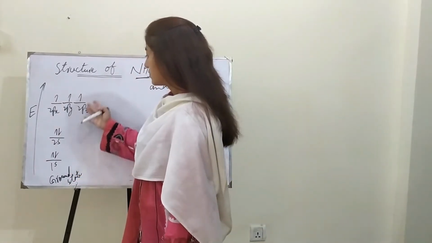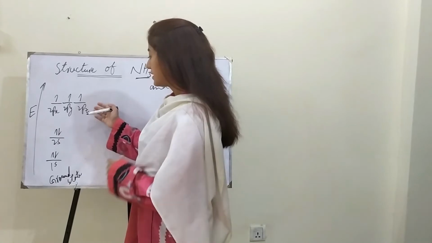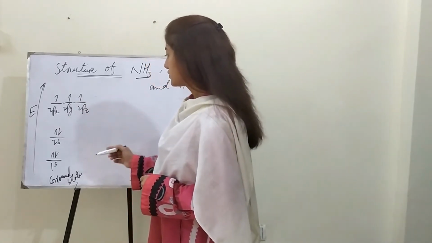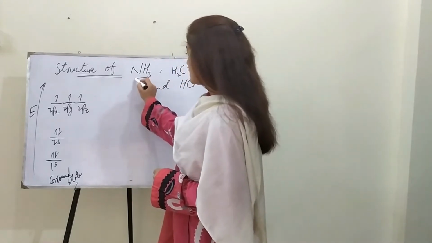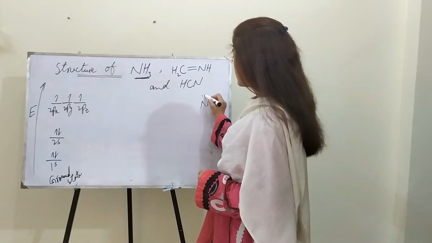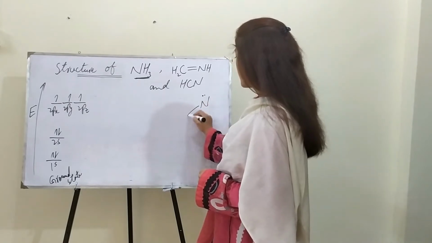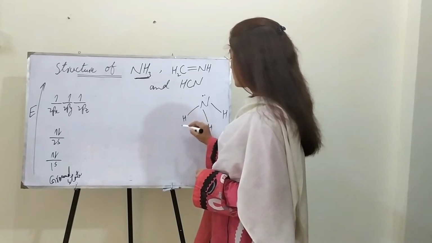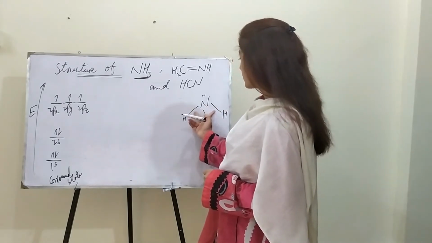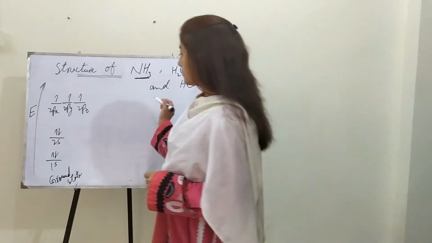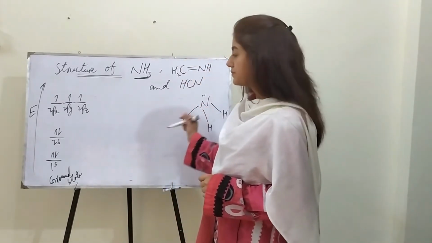So in the case of ammonia, as you know that here the ammonia has 1 lone pair of electrons and 3 hydrogen atoms. So in this case there are 3 and 1, so total 4 orbitals are taking part.